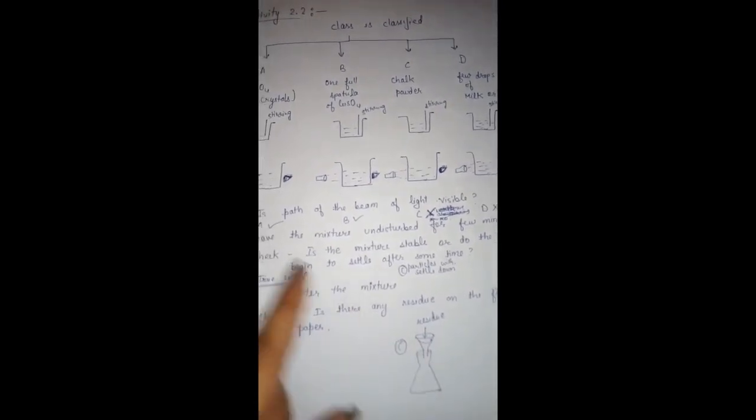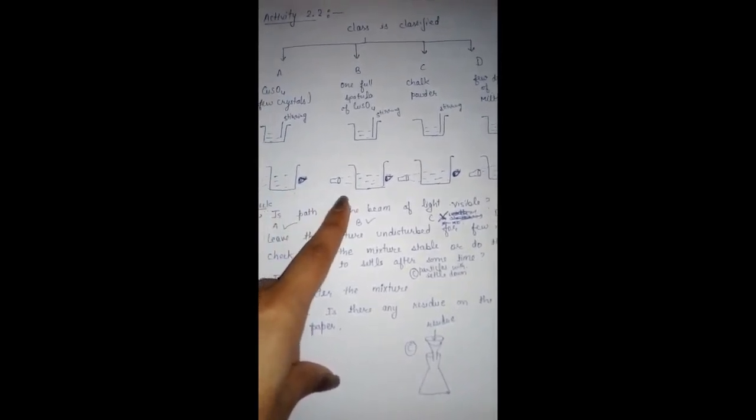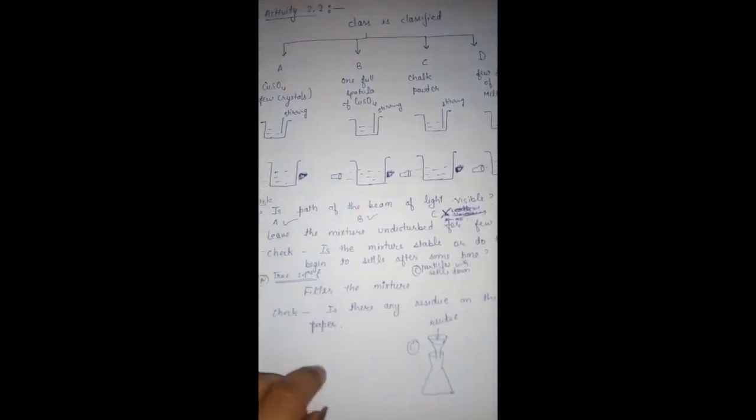When you filter these solutions, you will get residue only in case of C. You will not get residue in case of A and B. Here we have taken the same copper sulfate, but the amount is different. It means in case of a true solution, the beam of light will pass, whatever amount you have taken, and you will not get any residue. And in case of D, you will not get any residue.